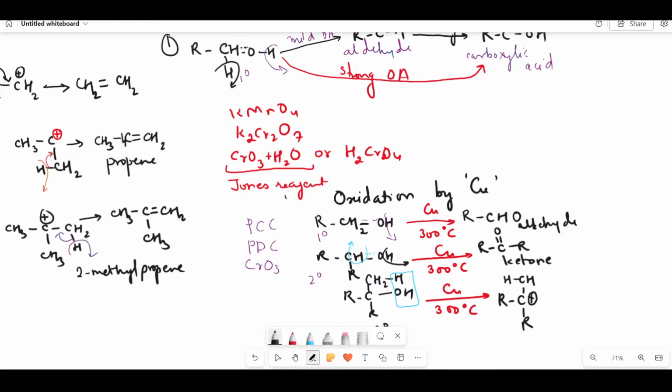So this H will leave, giving its bond to the carbocation so that it gets satisfied. So what we obtain now is R, C, R. A double bond has been formed over here and C, H.